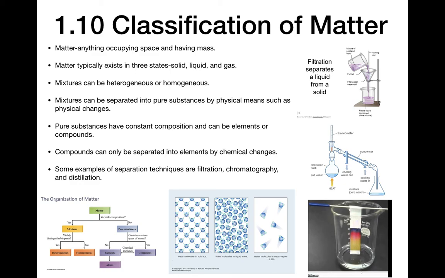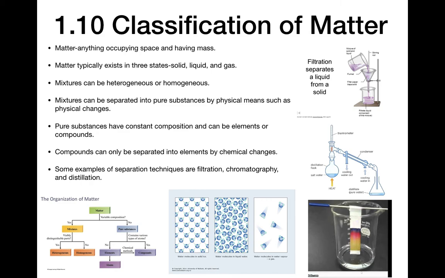In a liquid, they have a more random arrangement, but they're still packed pretty close together. As you can see, solids and liquids have very similar densities to their particles. And then in a gas, the particles are farther apart and not connected by attractive forces and moving more rapidly than they are in a liquid or a solid.